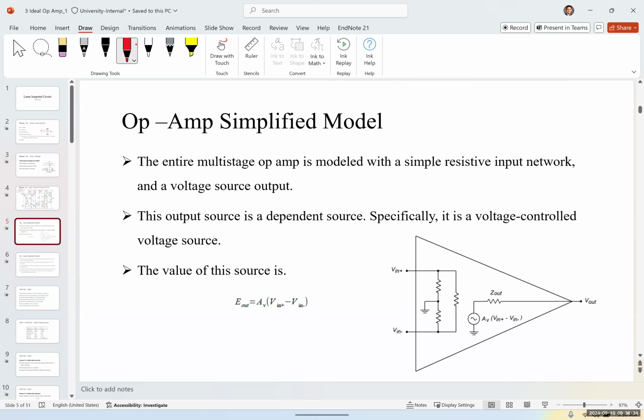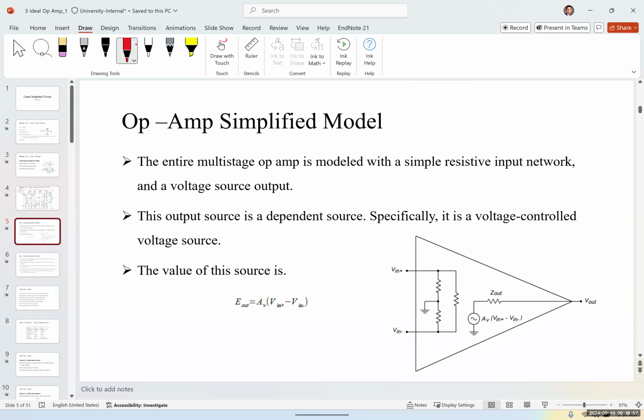Now we want to learn a little bit about a simplified model of an op amp. We can model a multi-stage op amp with a simple resistive input network and a voltage source output. The output source is a dependent source, and it's a voltage controlled voltage source.